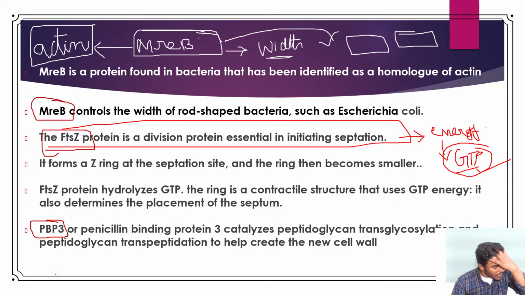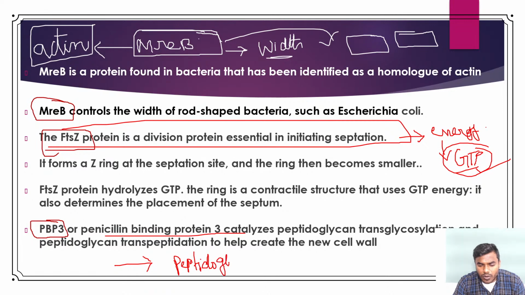There is another important protein, friends, we can call it PBP3 protein or penicillin binding protein 3. You all commonly know very well, we read that the bacterial cell wall is made up of what, friends? Peptidoglycan, correct? Now we know very well the peptidoglycan is made up of NAG and NAM.